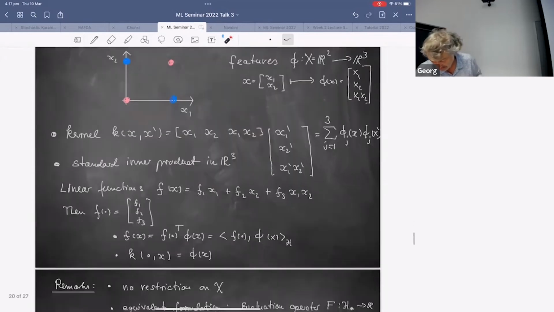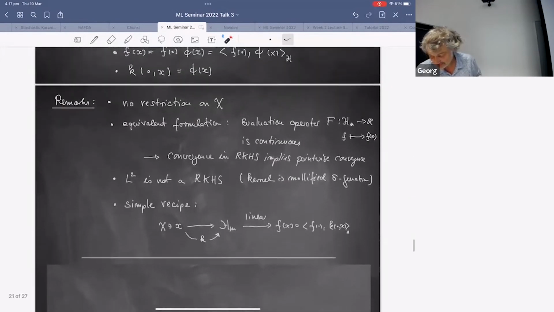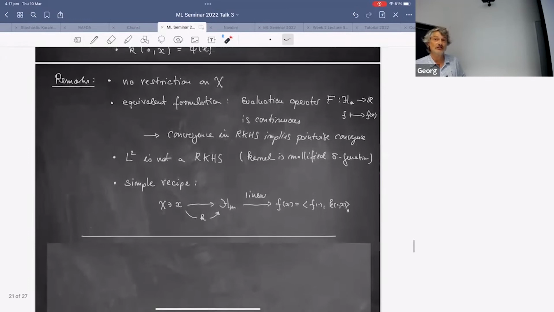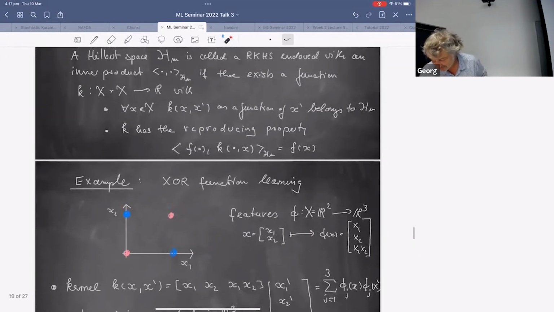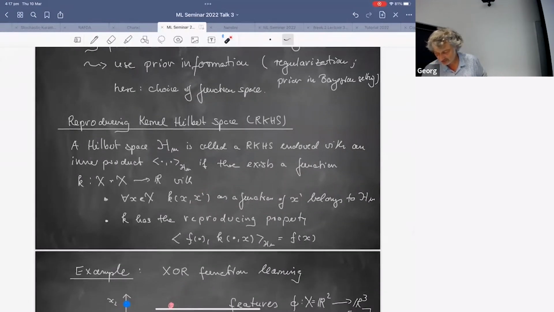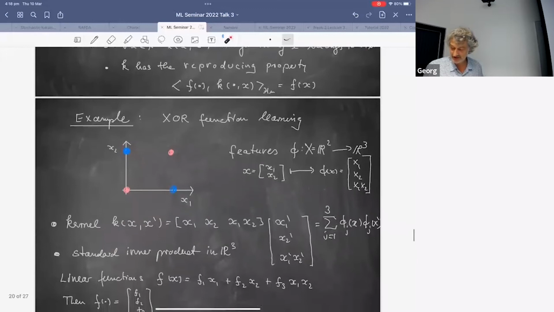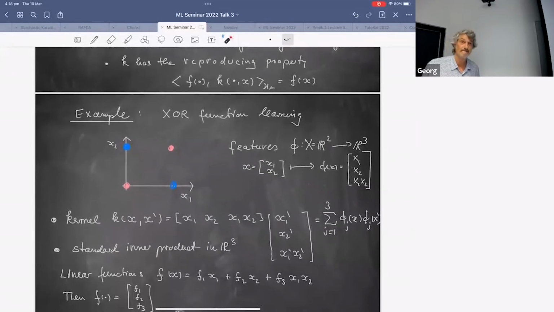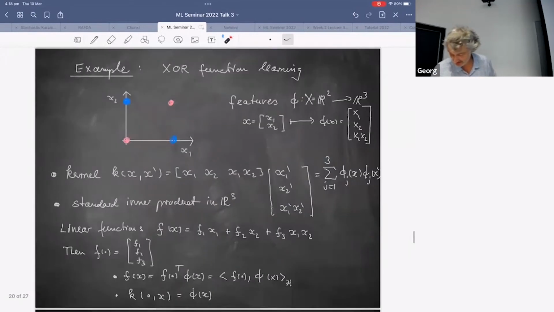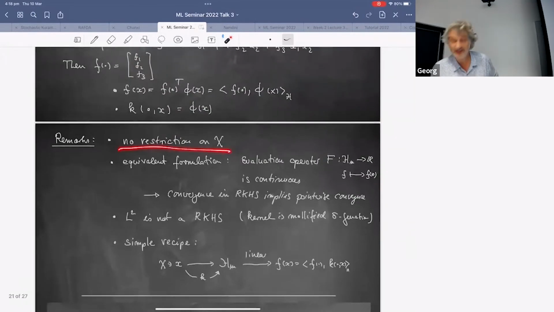Okay. Some remarks. A powerful remark: there's no restriction on this x here, where all the small x's come from. Yeah, but here the functions of this reproducing kernel Hilbert space map R2 into R. But the data, that was the point, there are no restrictions on them.